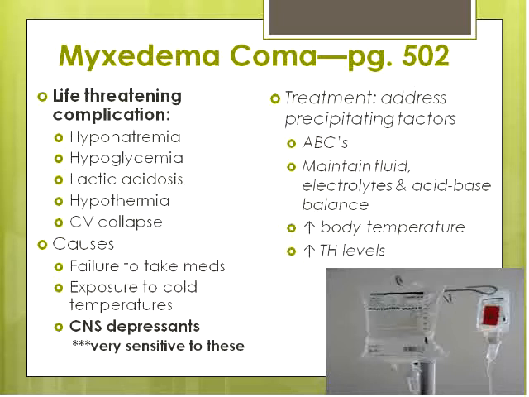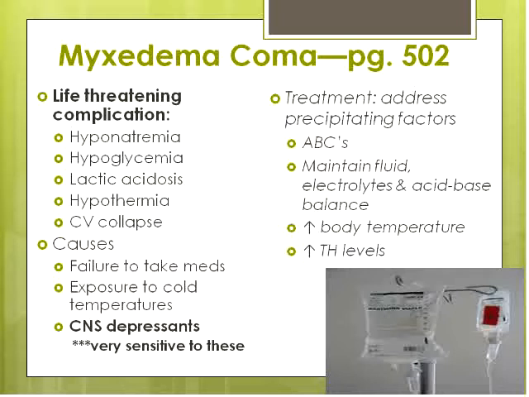Treatment. First, treat the underlying cause. What is the underlying cause? And then, of course, in the meantime, while you're trying to figure out what your underlying cause is, ABC, because it is life-threatening. Anytime anything is life-threatening, you revert back to airway, breathing, circulation. With this one, circulation, because of cardiovascular collapse, is going to be a big one.